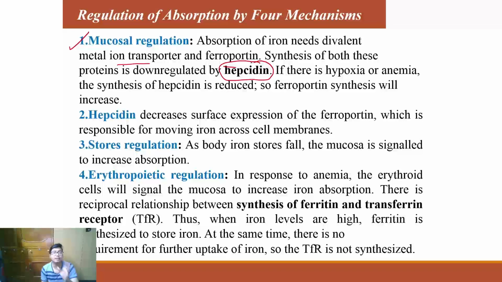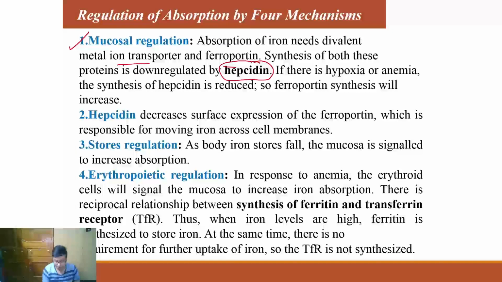Even if you forget the mechanism of hepcidin, if there is hypoxia or anemia, it means we need more iron in the body. How can more iron be absorbed? If there is excess DMT1 and ferroportin, and if they are high, hepcidin has to be low.